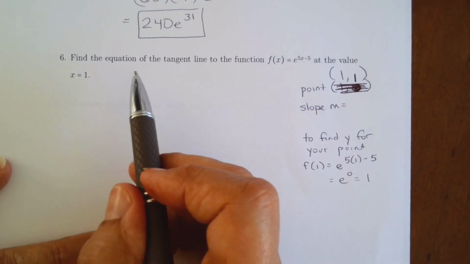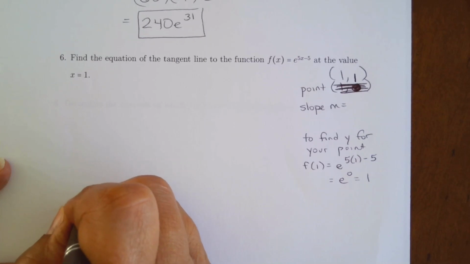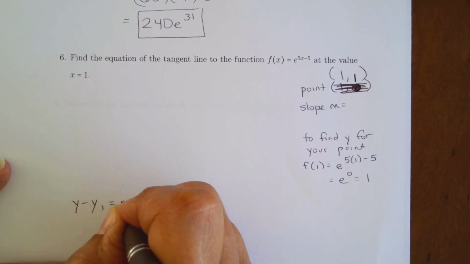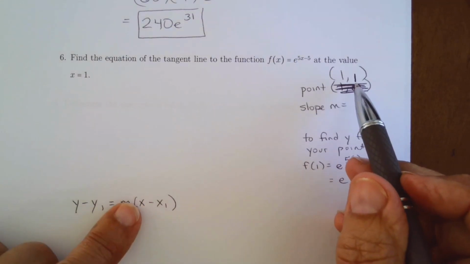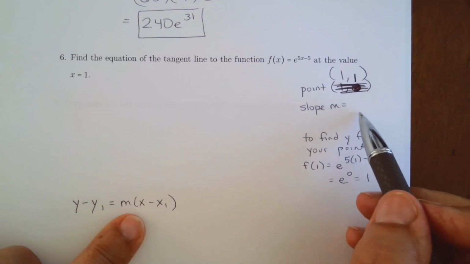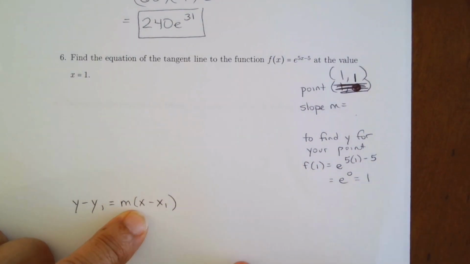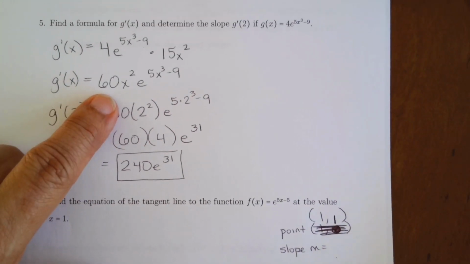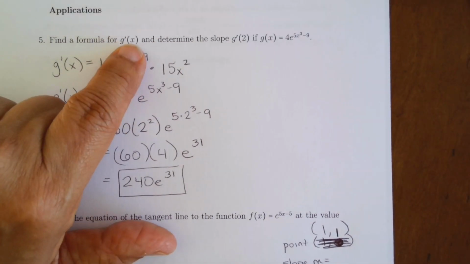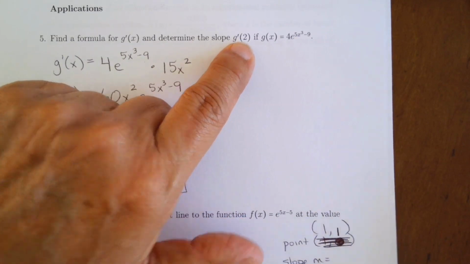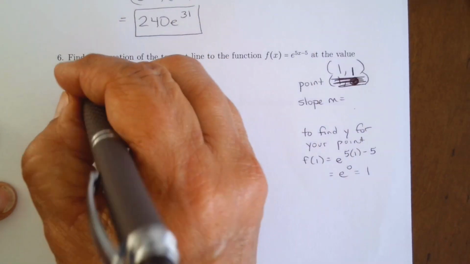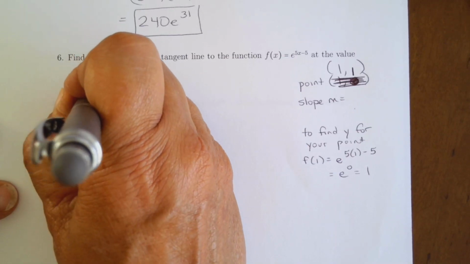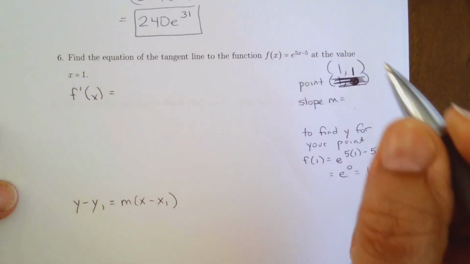Because remember, to find the equation of a tangent line, I have to start with the point-slope formula. So now I have my point, x1, y1, but what I don't have is the slope. And remember, to find the slope, we just did that up here. You find the derivative and then plug that number into the derivative. So let's find the derivative of e to the 5x minus 5.